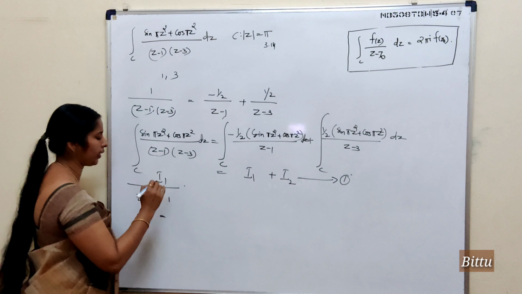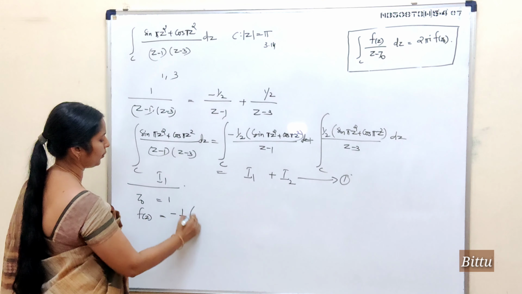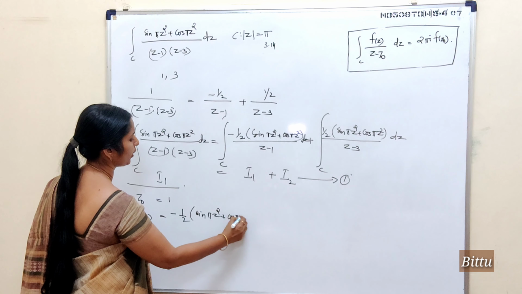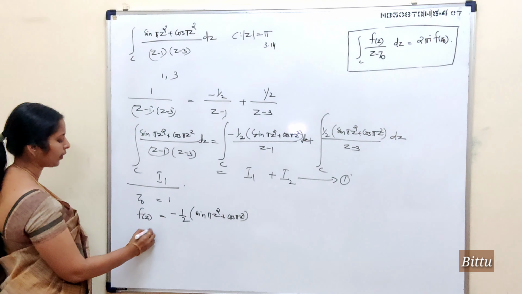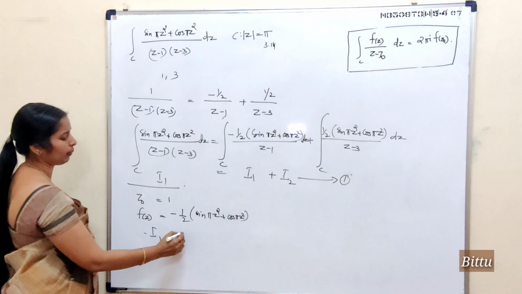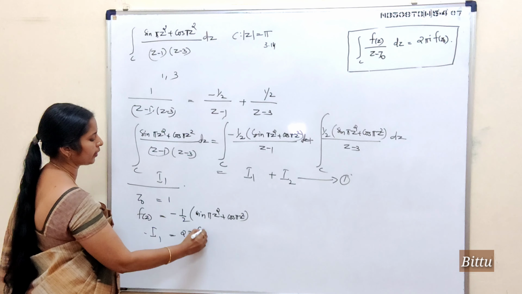We have to choose z0 as 1 and f(z) as minus half into (sin pi z square plus cos pi z square). Then by Cauchy's integral formula, this integral is given by 2 pi i into f of z0, that is 2 pi i into f of 1.